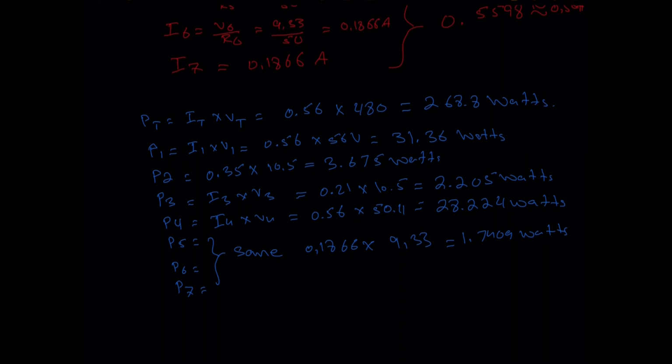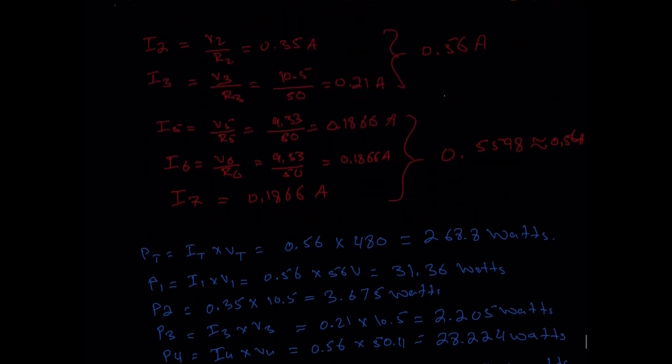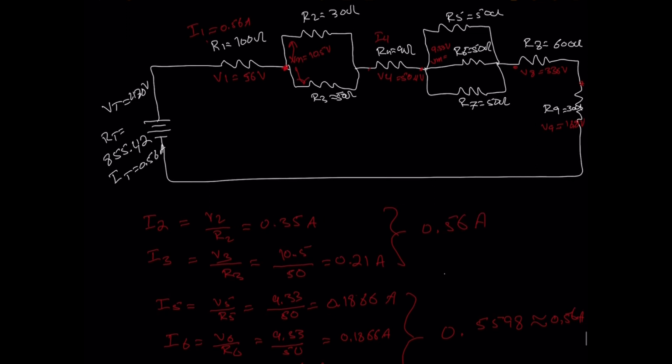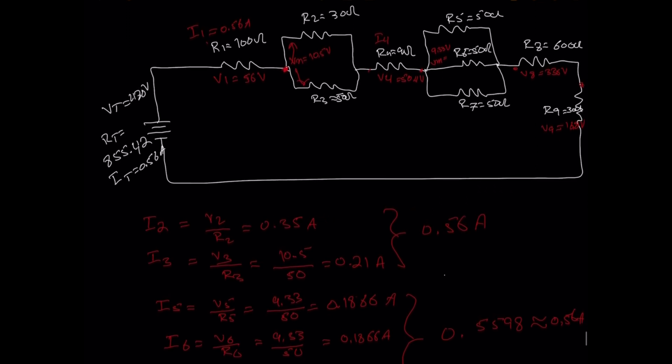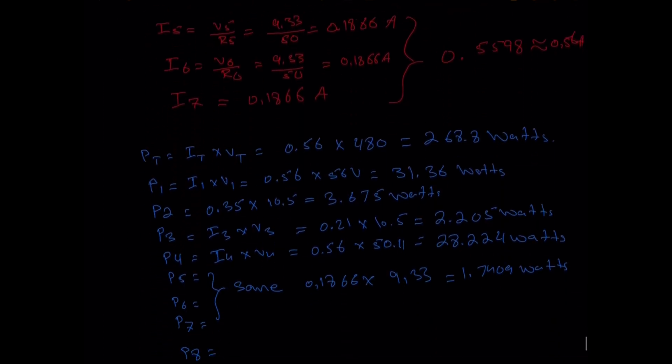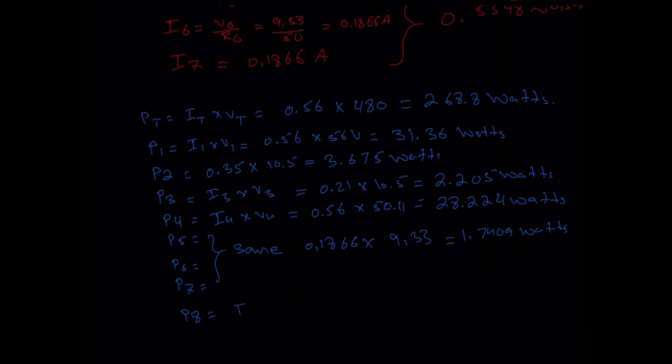And P8 will be, okay, let's go for P8. P8 will be I8 times V8. I8 is 0.56 times 336.